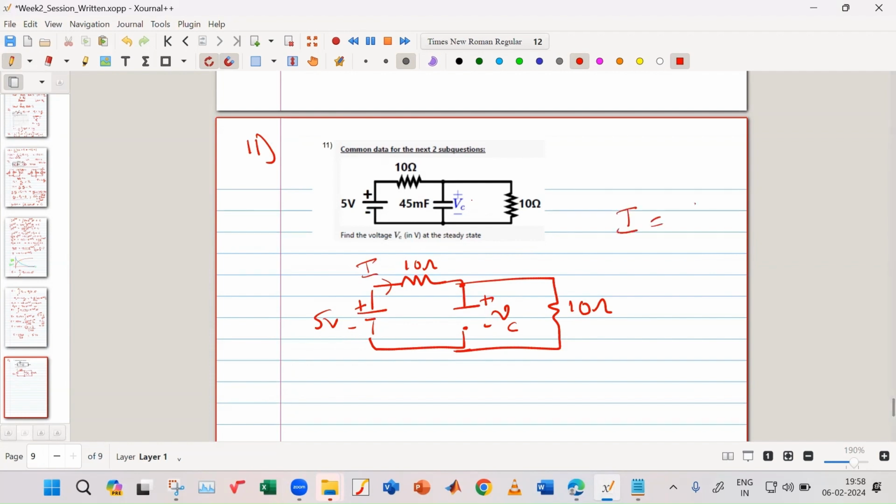Current is 5 volt divided by 10 plus 10, that is 20. It's 1 by 4 ampere. And the voltage VC is equal to 10 into 1 by 4, that is 2.5. This is similar to a resistor divider kind of configuration.